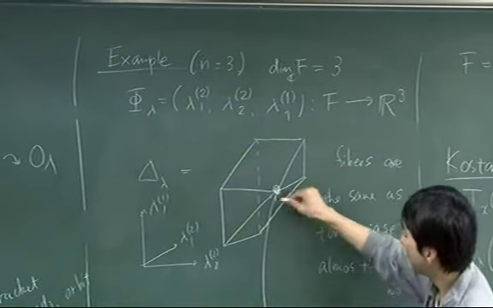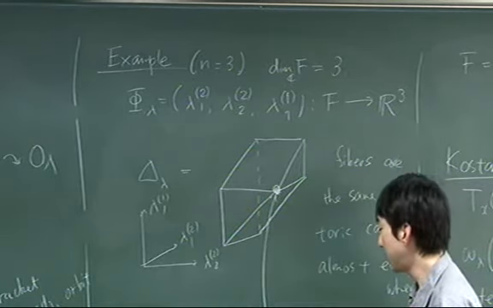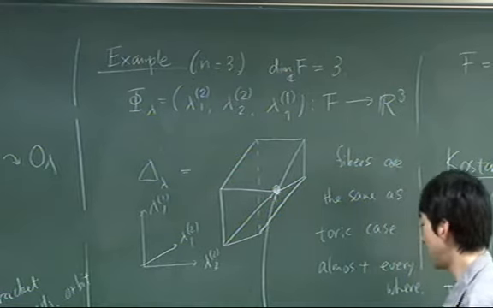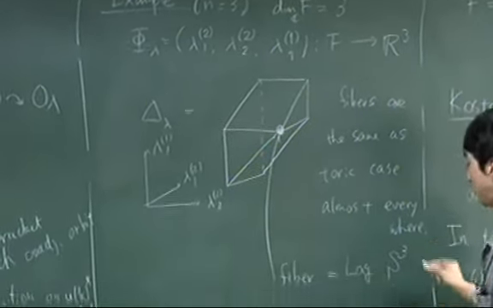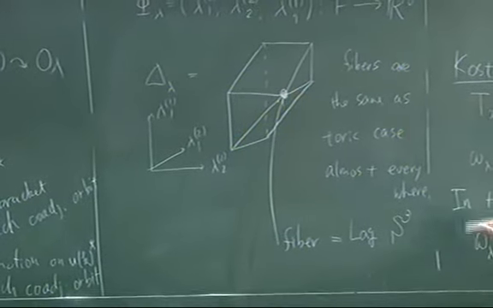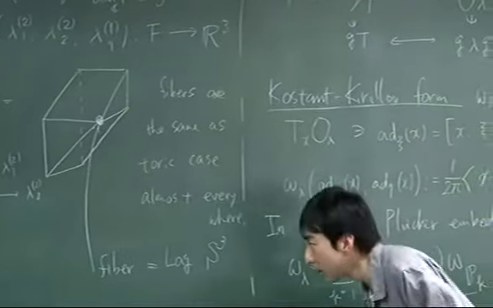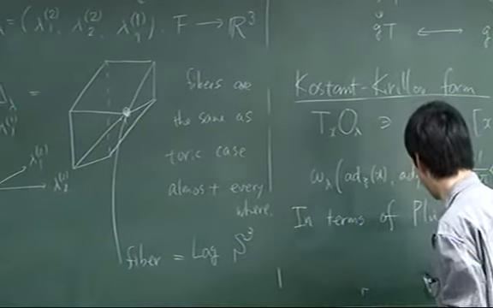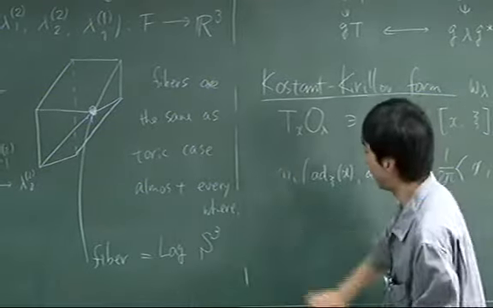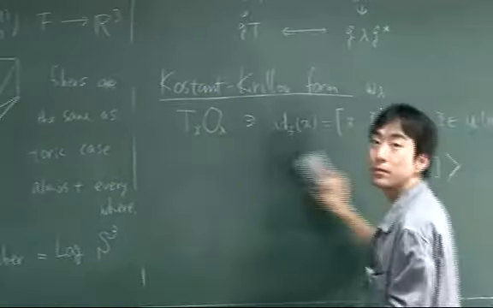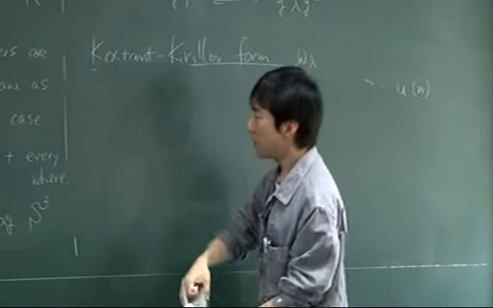The fiber of this vertex is a Lagrangian three-sphere. This is the only difference. Except for this vertex, all the fibers are tori.